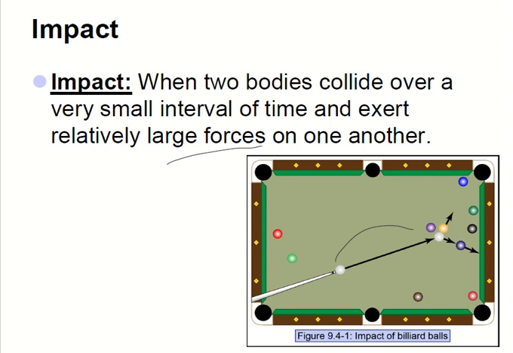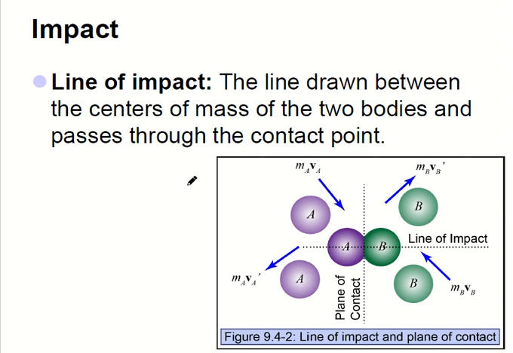So let's take a look at it. The line of impact is very important, because every time you have an impact, you have to calculate where the path is. The line drawn between the centers of mass of the two colliding bodies, passing through the contact point, we call the line of impact.